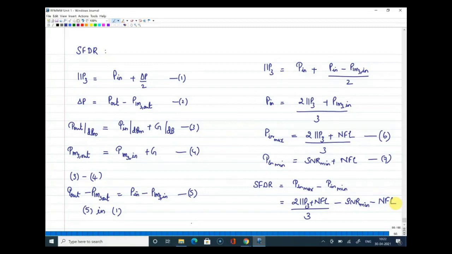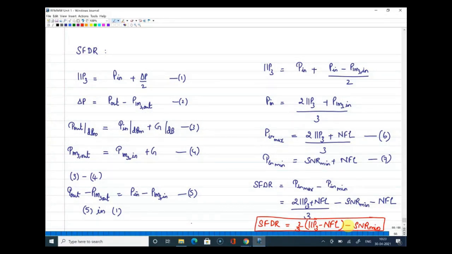Now if I am solving it, we can neatly write it as SFDR is equal to 2/3 of IIP3 minus NFL, minus SNR minimum. So this is your spurious free dynamic range expression. Is that clear?